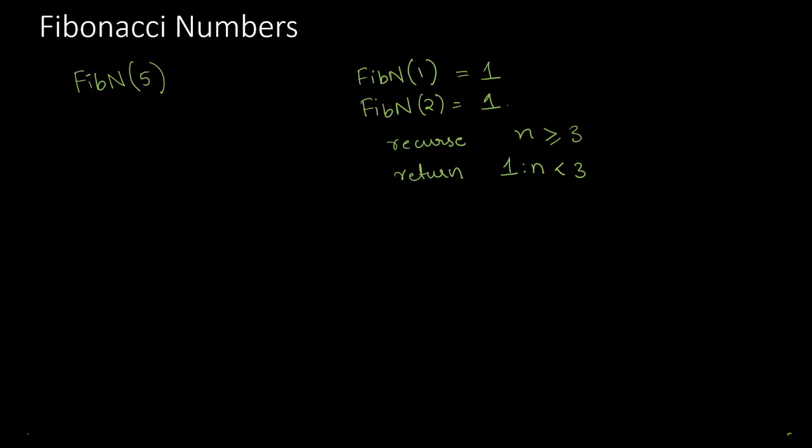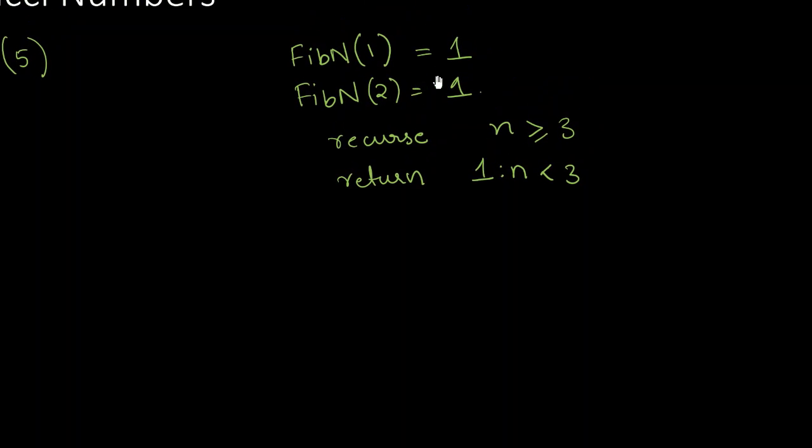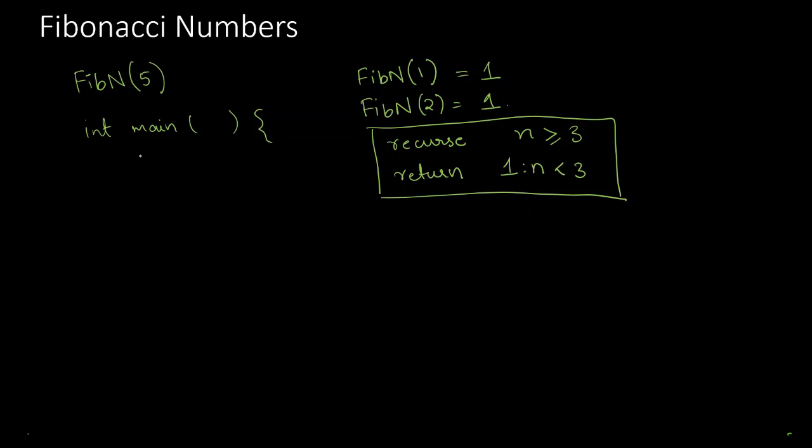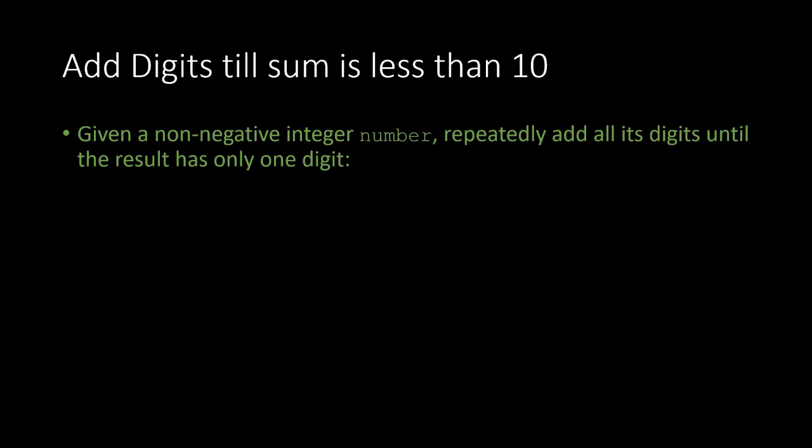So we return 1 because the first and the second Fibonacci numbers are 1, guys. So using these conditions as base cases, we write the code. In this we are going to call the fifth Fibonacci number, and for that we write the code as this.